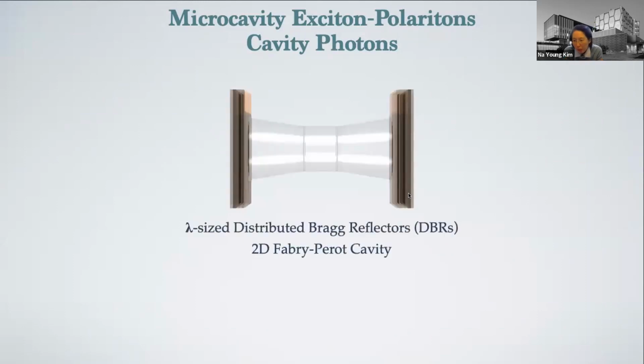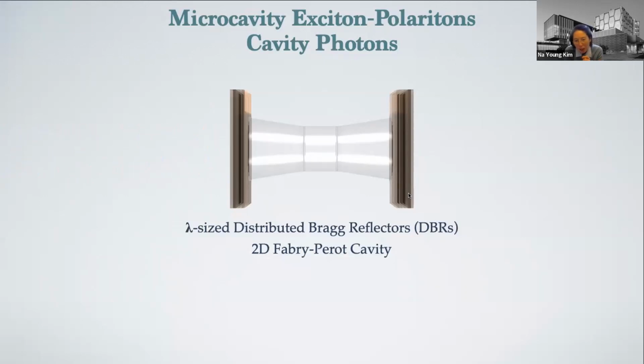In semiconductors, I'm focusing on the gallium arsenide base. We can make special mirrors. By special, I mean we are utilizing a combination of two different materials to form distributed Bragg reflectors, which can confine the photons inside. But the size of this cavity is so small, that's why we call it a microcavity.